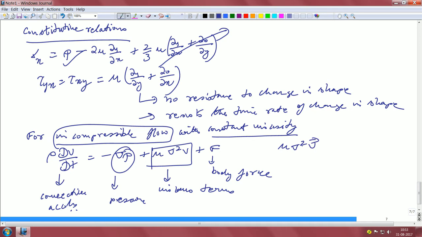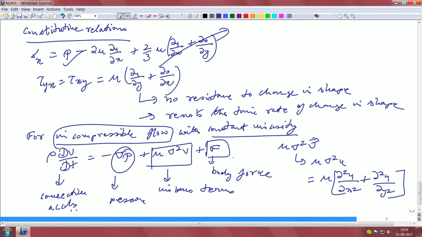Now, mu del squared v, which is basically the viscous term. For the x direction it can be written as u, which will be mu d square u dx square plus d square u dy square. So, that is basically the Laplace of the velocity field, and this is the body force term.